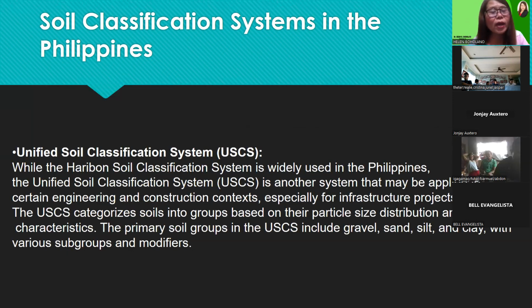So, for the soil classification system in the Philippines, while the Haribon soil classification system is widely used, the unified soil classification system is another system that may be applied in certain engineering and construction contexts, especially in infrastructure projects.